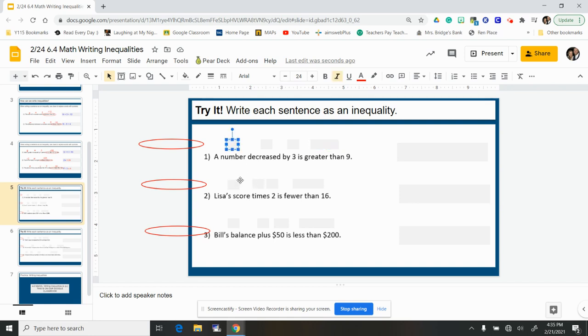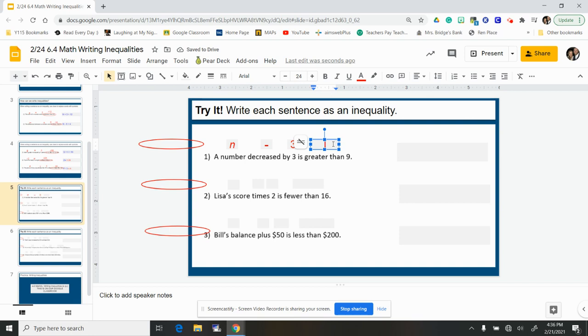So we're working with a number decreased by 3 is greater than 9. Okay, so when I see that word a number, I'm thinking, well, there's my variable. So I just put an n. Decreased, hopefully you're thinking, well, that's going to be subtraction. 3 is an important piece of this, so I need to pull that out and write it right above.